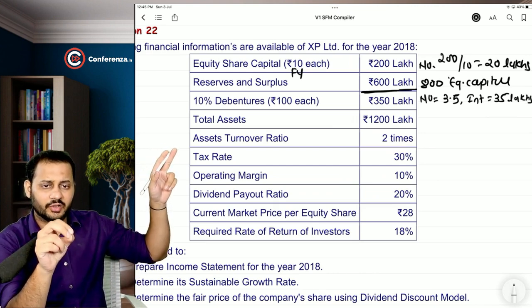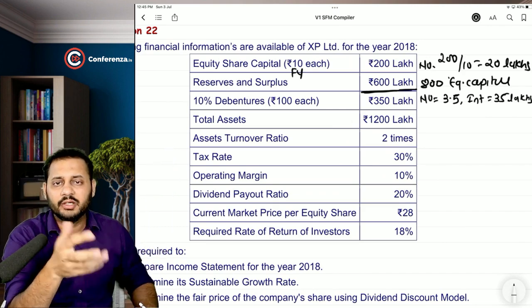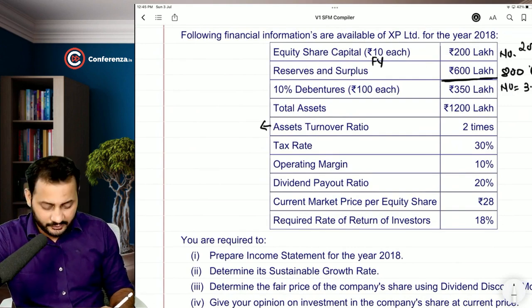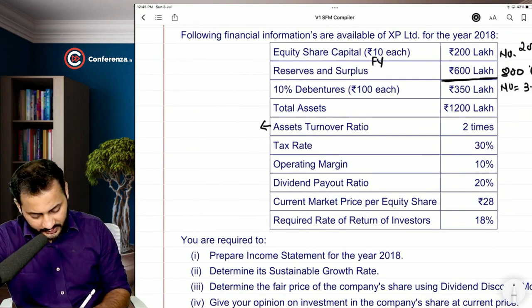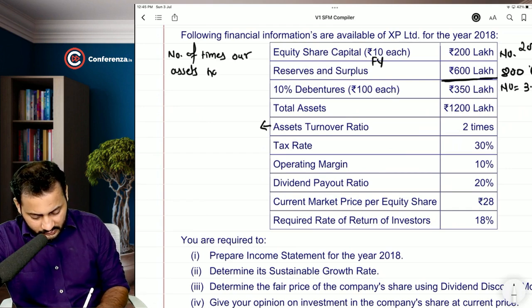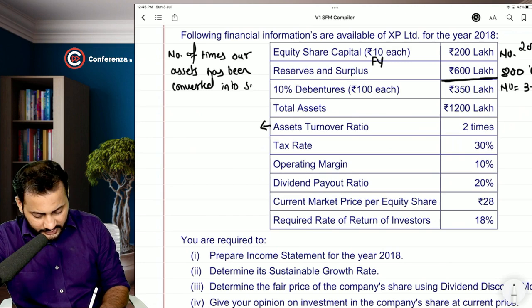Okay. Asset turnover ratio is 2 times. What do you mean by asset turnover ratio? This was covered in CA Inter Financial Management. If you don't know, you should write it down here. Number of times our assets have been converted into sales.